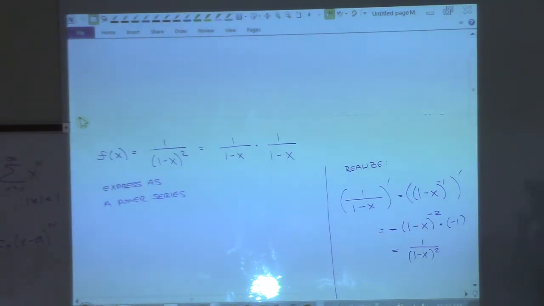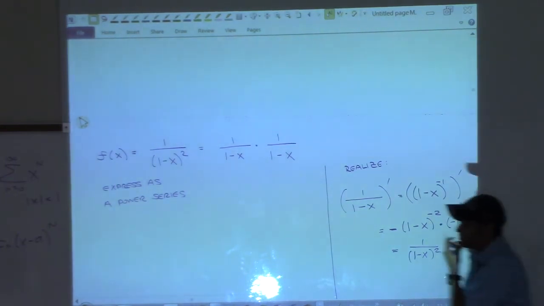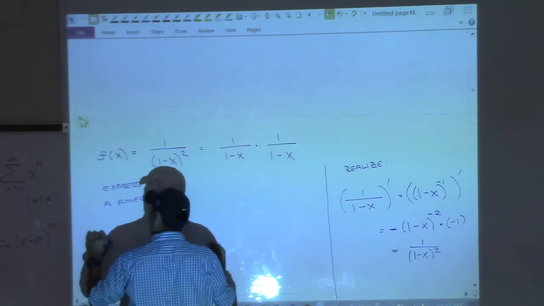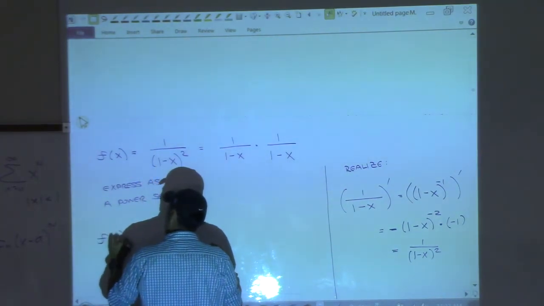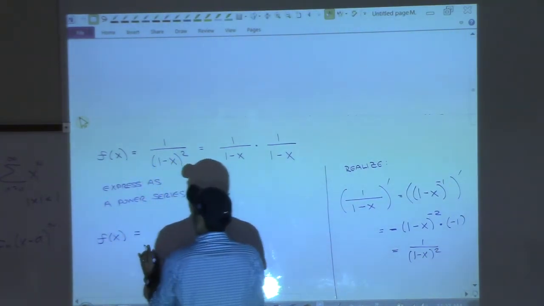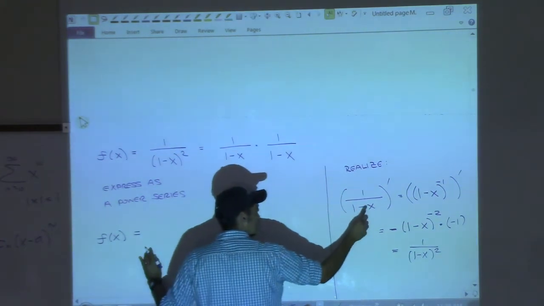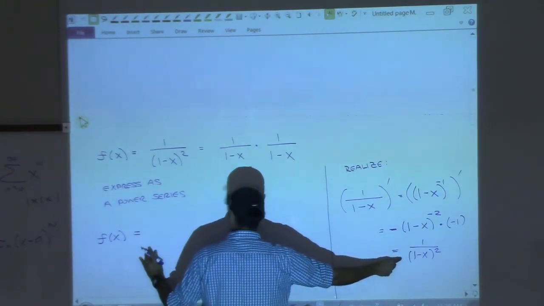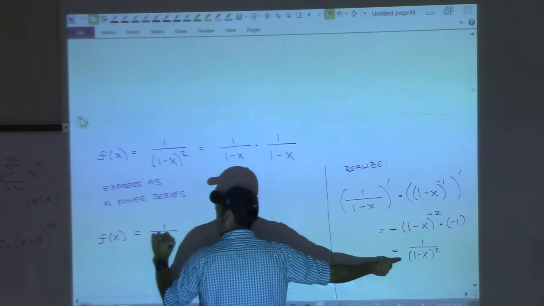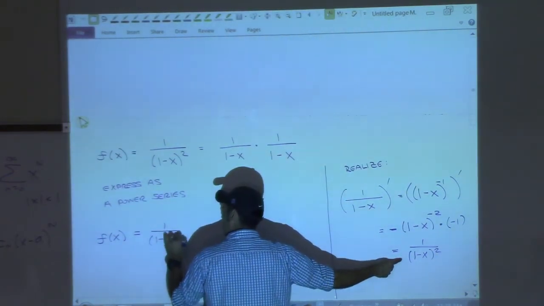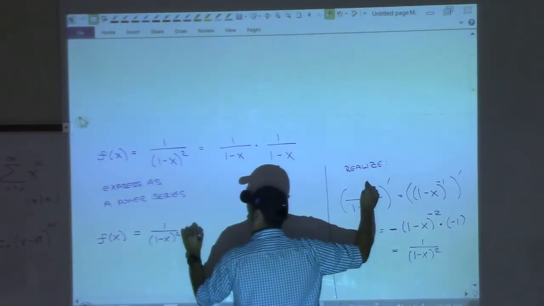So, in other words, what we're saying is that this function, f of x, is equal to the derivative of that, right? That's f of x. Is equal to that.